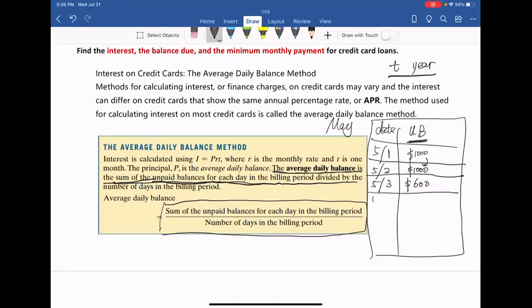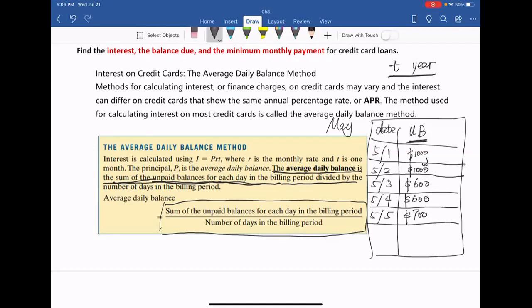And then on the following days, you didn't do anything, so it's still 600. On May 5th, you go to a restaurant and spend $100. So the new balance is 600 plus 100, that's 700. I erase this and put 700 here.